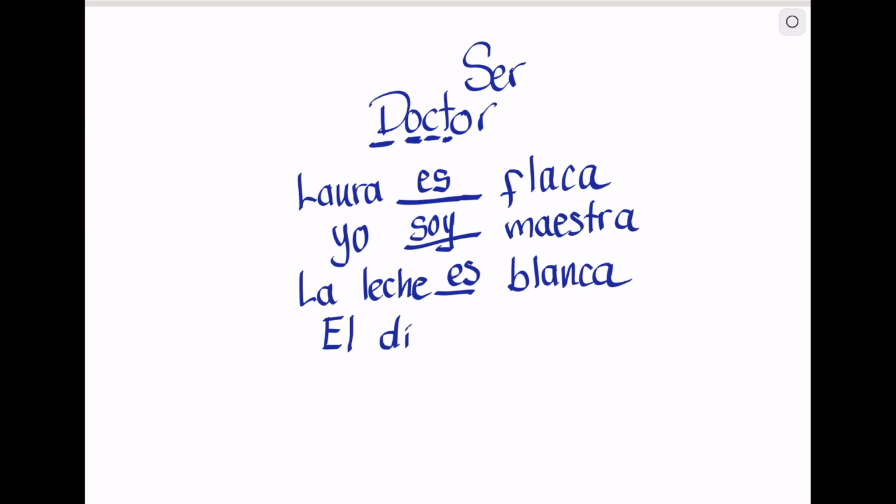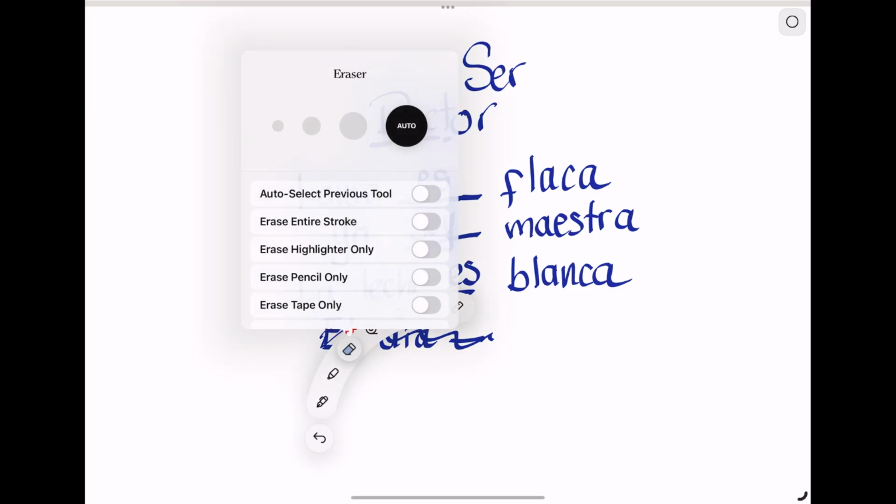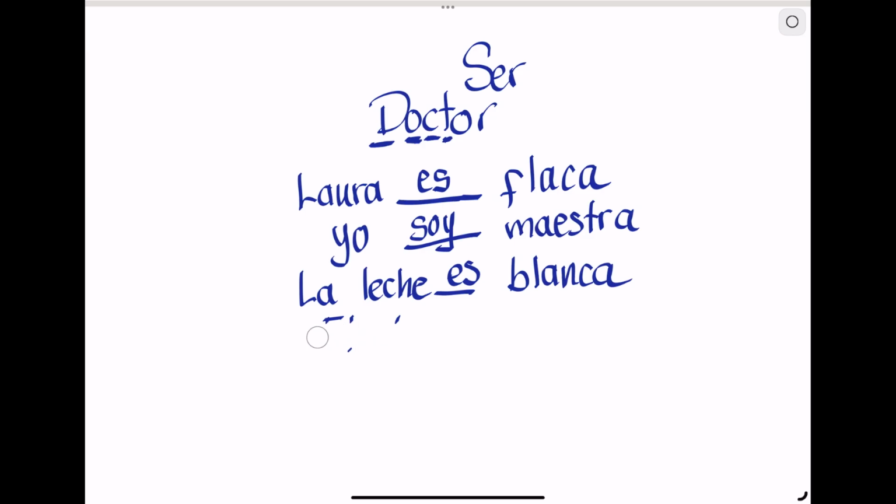Okay, time. El día, the day. Should we put frío? Let me think. I don't know. Let me change my mind. Well, if I wrote el día es frío, it will be es frío because it's time.